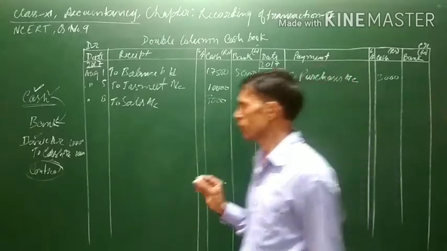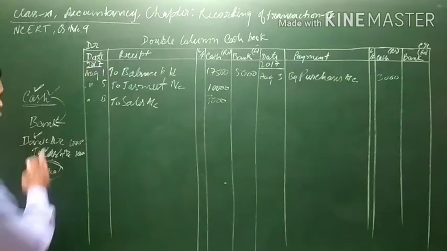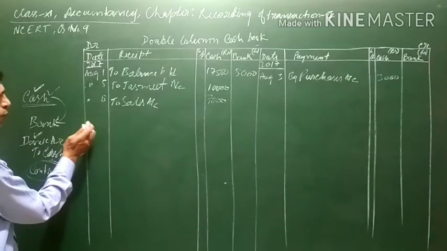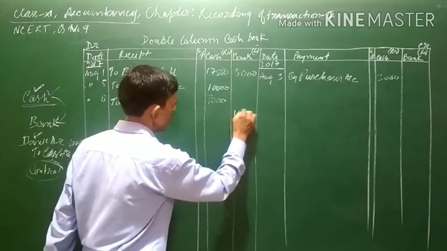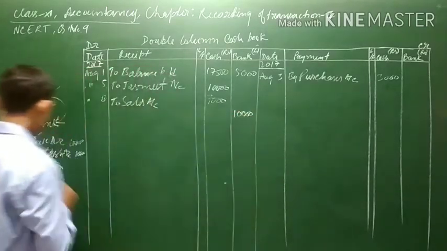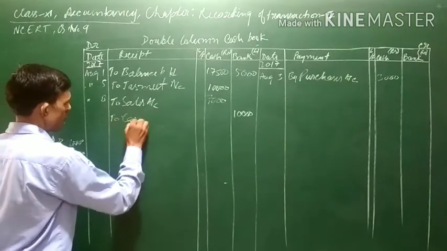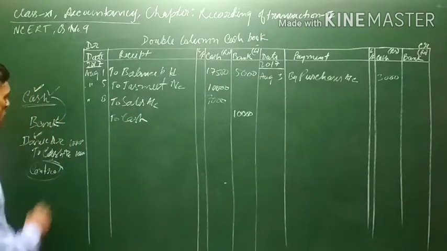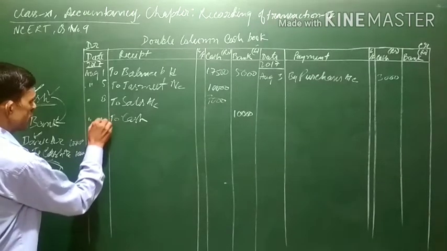Now see how it will be written. The bank account is being debited, so it will be written on the debit side of the bank column. It will be written as 10,000, to cash. Bank is debited and cash will be credited to the cash account. This is on the 10th.